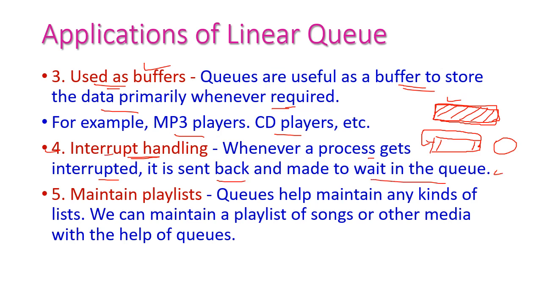So this is interrupt handling. And the last one is maintaining a playlist. Queue helps to maintain any kind of list. We can maintain a playlist of songs and other media files, and for this we can use queues.